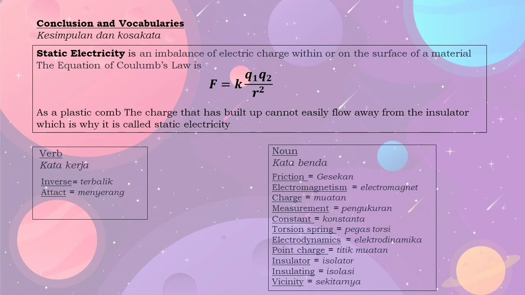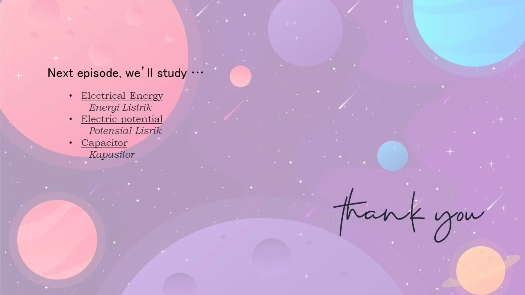And as with a plastic cone, the charge can easily flow away from the insulator, which is why it is called static electricity. Here, there are more vocabularies. You can study more about it. And the next episode will study electrical energy, electric potential, and capacitor.